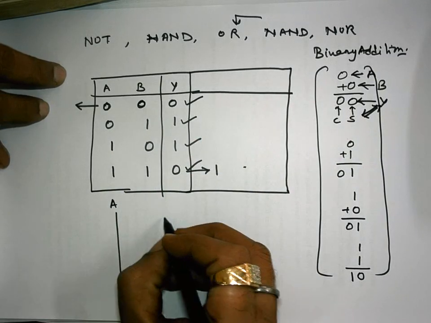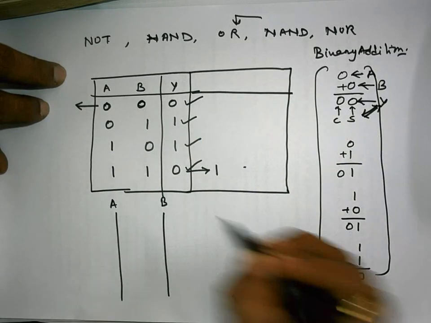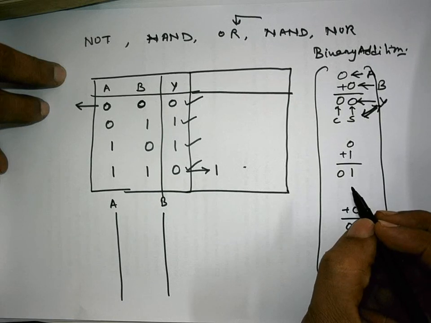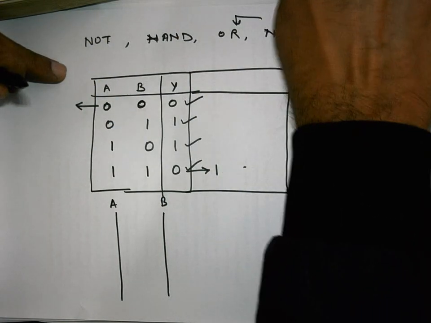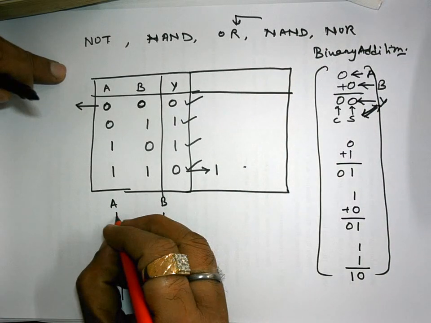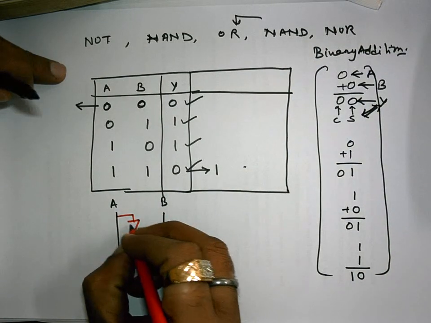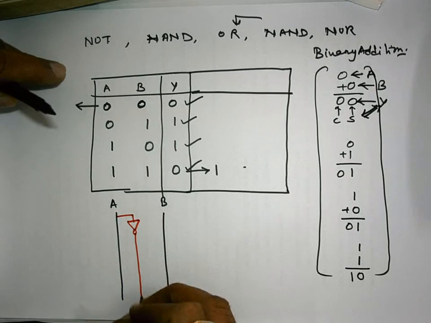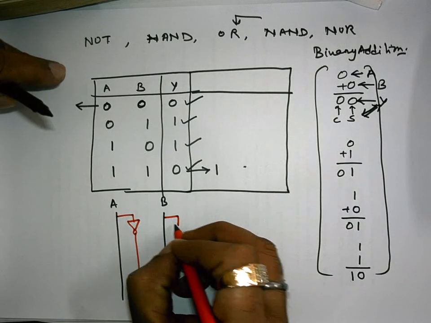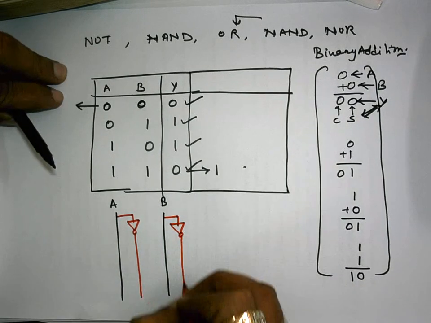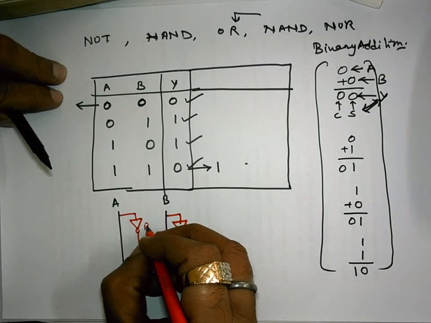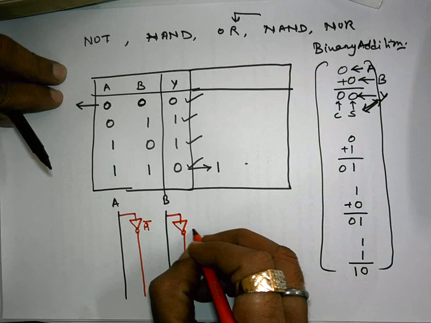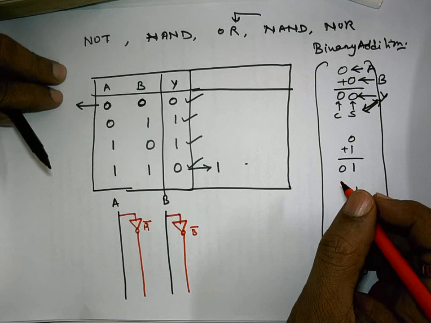You have two inputs A and B. These are two input lines or wires, you can say. You form another line which gives you the complement, the inversion of this. So at this red line you obtain A bar over here and B bar over here.